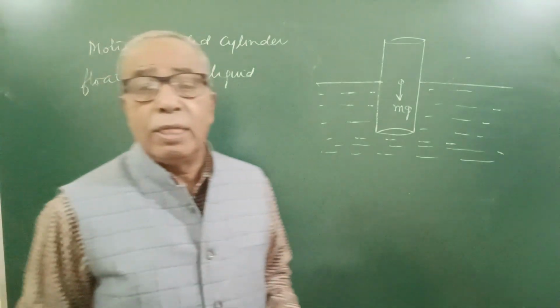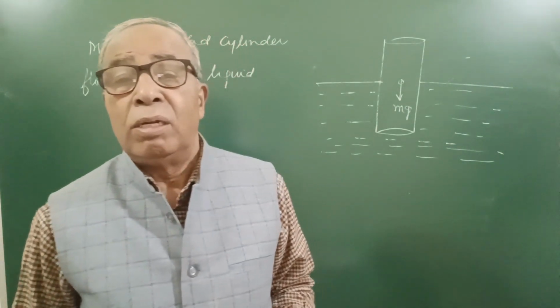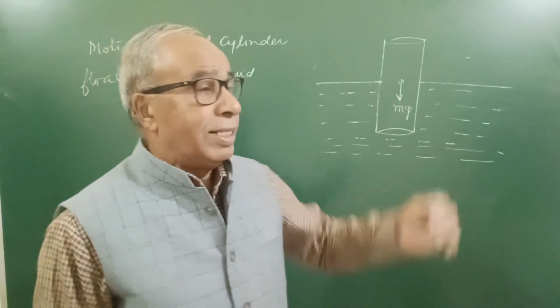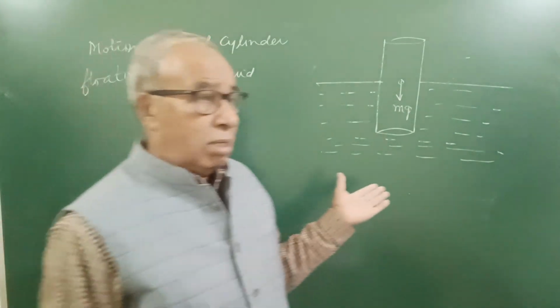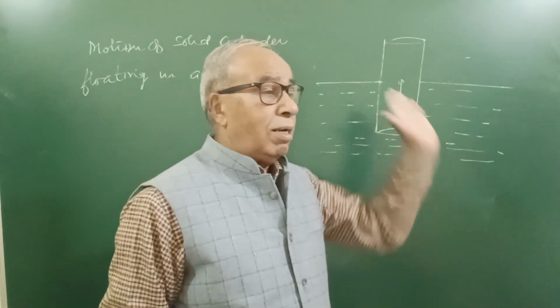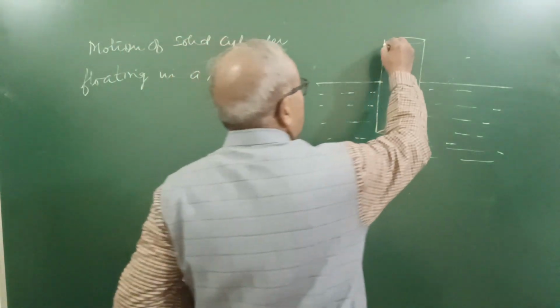Buoyancy is when we dip any solid body fully or partially in liquid, then the body displaces liquid, and the weight of liquid displaced acts vertically upward, called buoyant force, and this is called buoyancy.